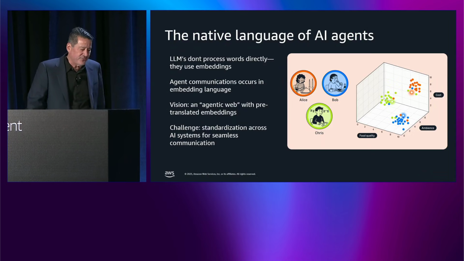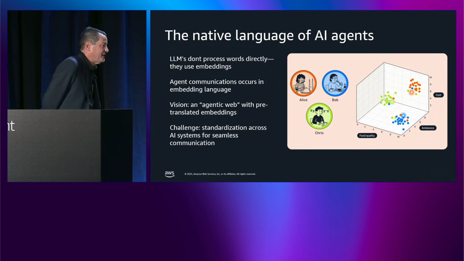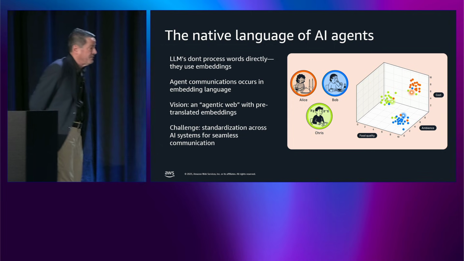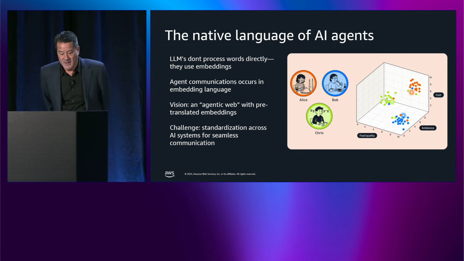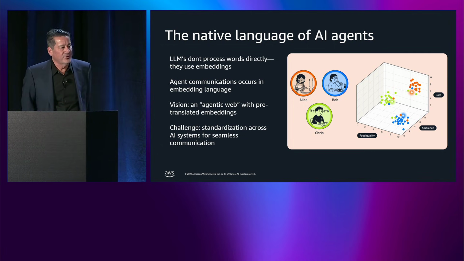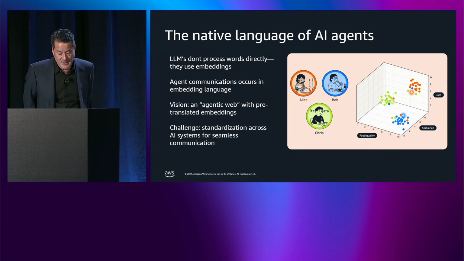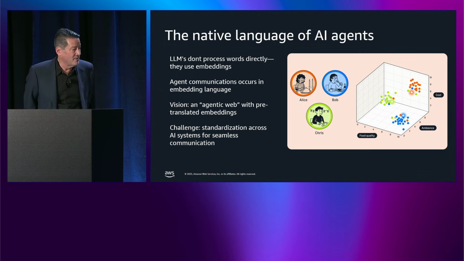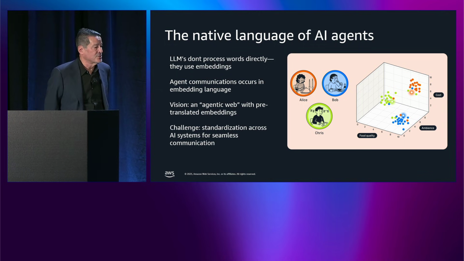But let me start off by talking about the native language of AI agents, or embeddings. So when we interact with a large language model in a natural language like English, the LLMs don't actually directly work on that English language content.